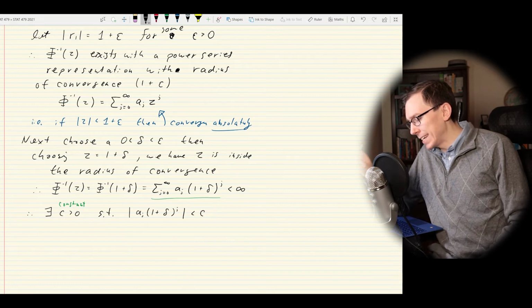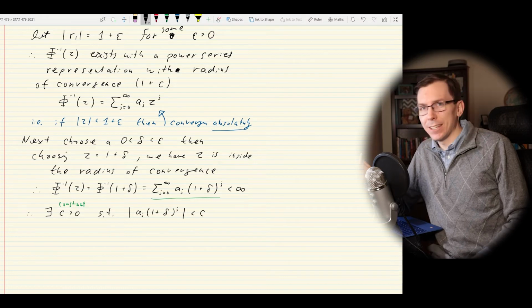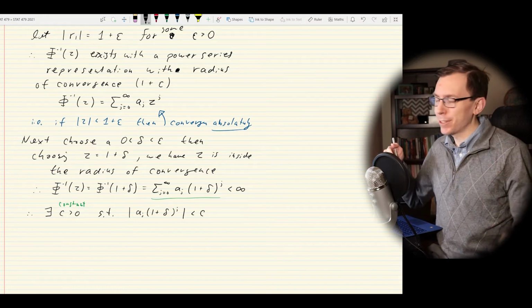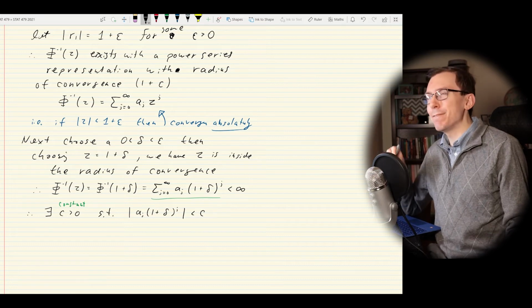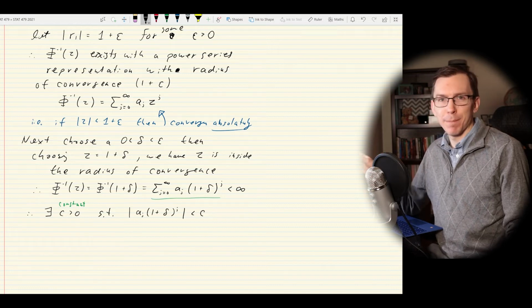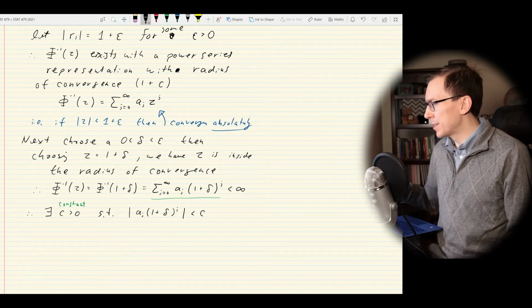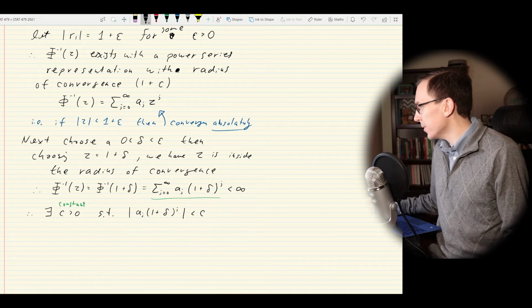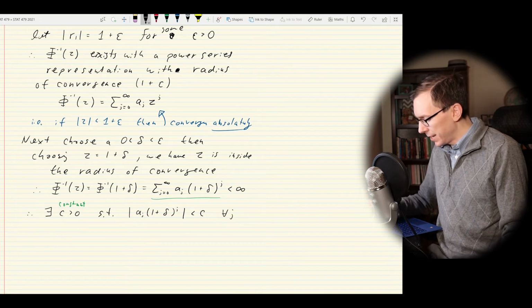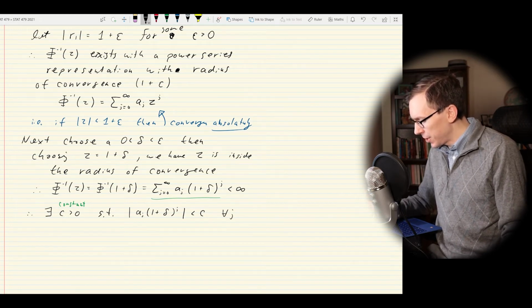So all we're saying is that because this series converges, this infinite sequence of terms has to have an upper bound. We're going to define that upper bound to be C. It doesn't have to be a sharp upper bound by any means. And this is for all j.